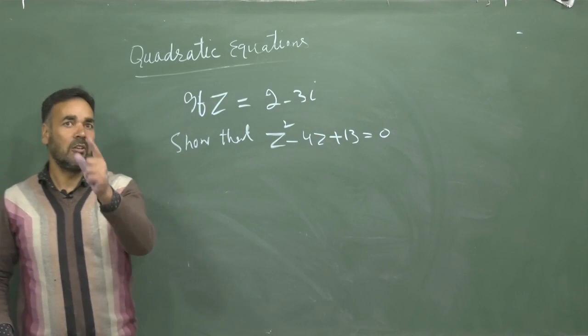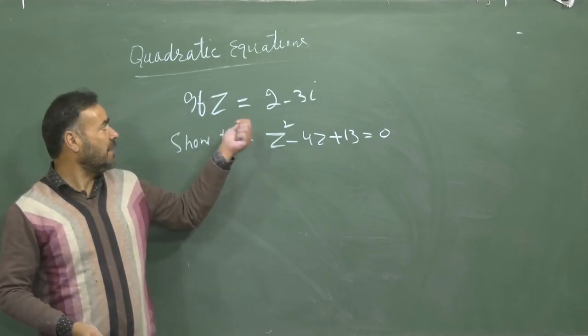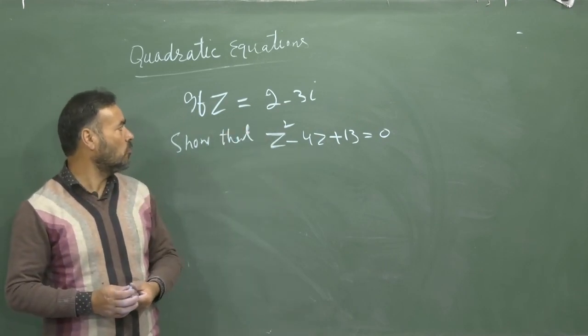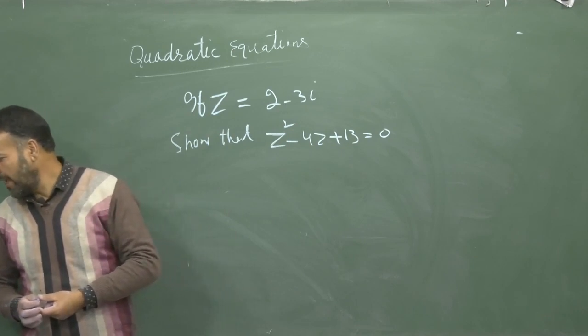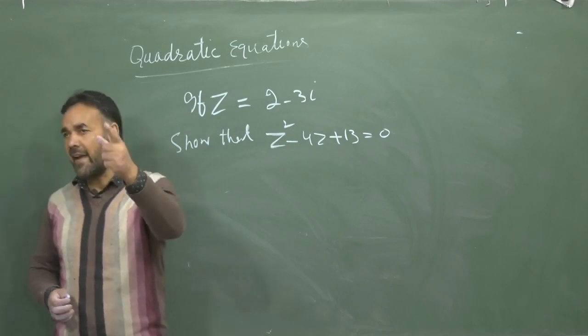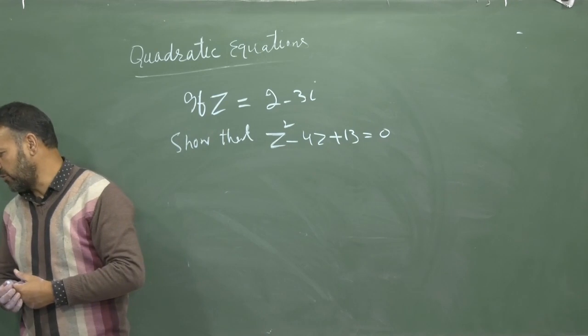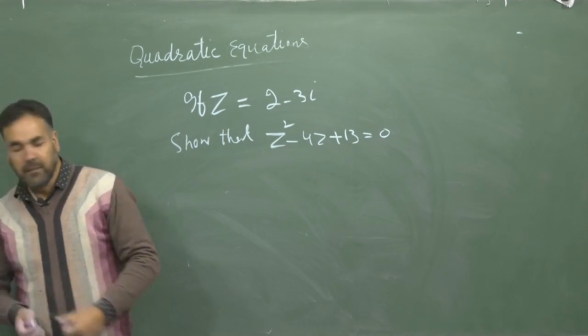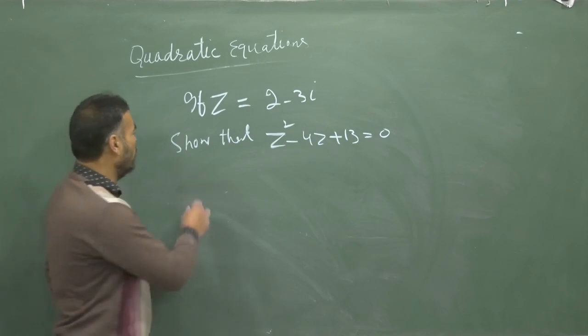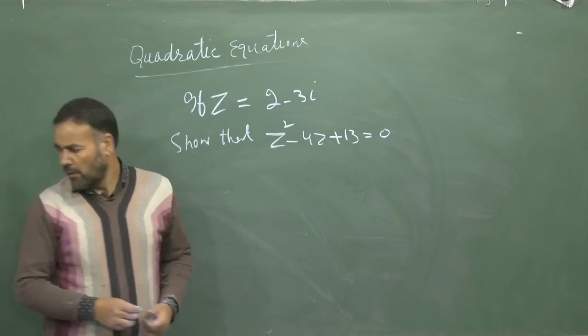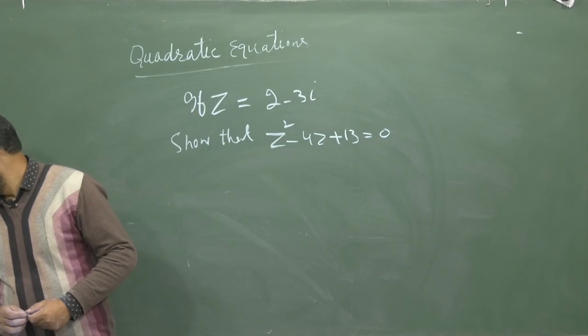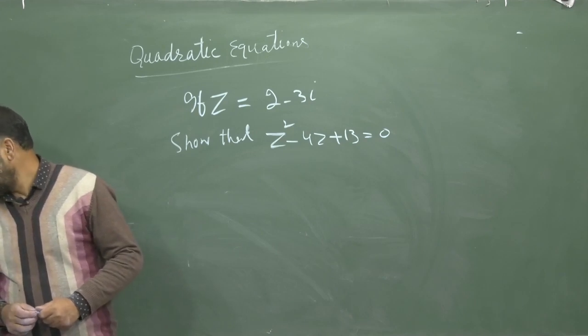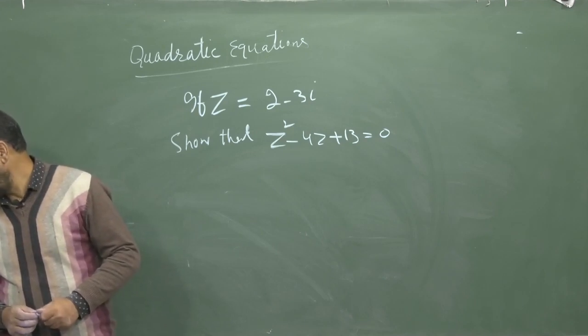If z is a complex number equal to 2 minus 3i, we have to show that z square minus 4z plus 13 is equal to 0, and hence find the value of 4z cube minus 3z square plus 169.